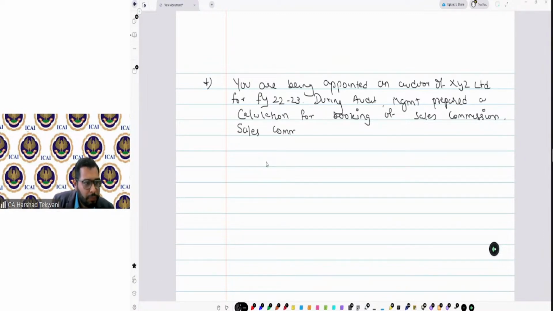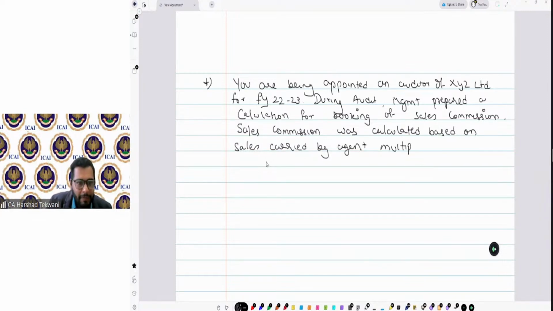The sales commission was calculated based on sales carried out by each agent, multiplied with different percentages, that was slab-wise rates of commission.